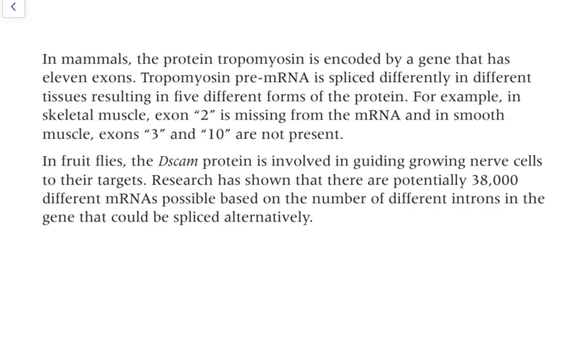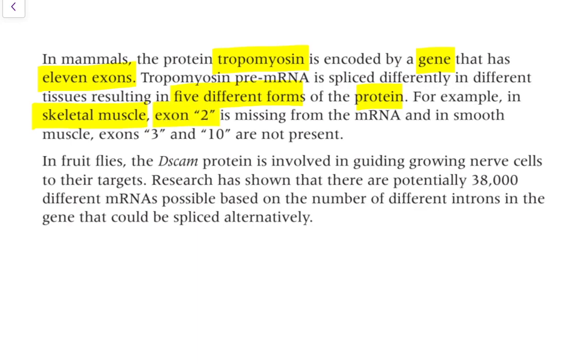So what's an example of this? And this is, I think, fascinating: we've got this muscle protein that we'll look at in muscle contraction, which is called tropomyosin. And the gene for it has 11 different exons. So by splicing it together, we can make 5 different forms of this protein in our muscle. So we have skeletal muscle. This is the muscle that we consciously use and contract.